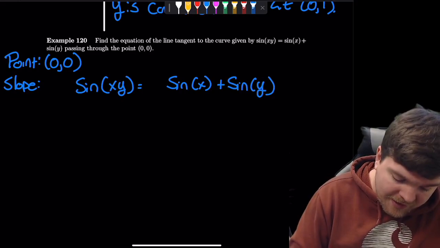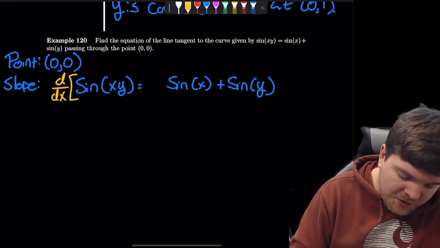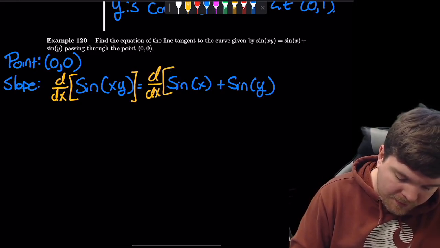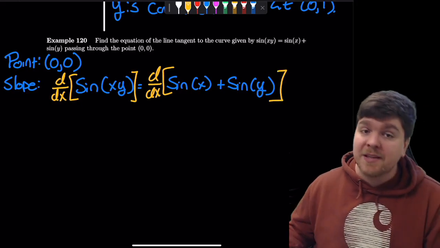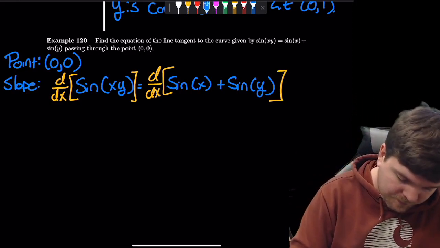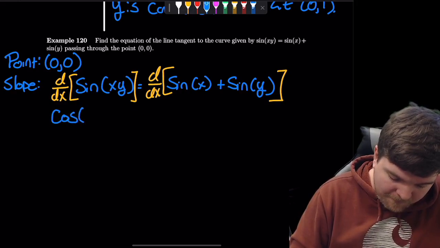We still want to find dy dx. And in order to do that, we are going to want to take the derivative of both sides of this equation with respect to x. However, we're going to have to take implicit derivatives because we have an implicitly defined function. So we'll go ahead and start on the left side. We know that the derivative of sine is cosine.